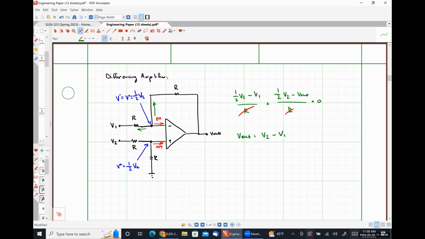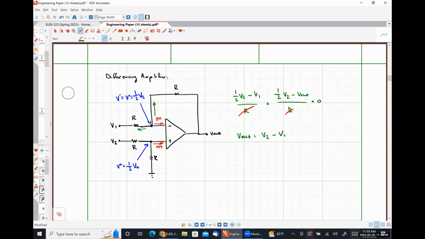Another way to analyze this circuit, just for the sake of argument, would be to use superposition. So with V1 on and V2 off, this is an inverting amplifier with a gain of negative R over R, or -1. So that's why we get a negative signal on V1.